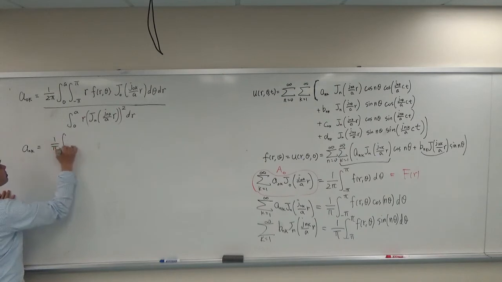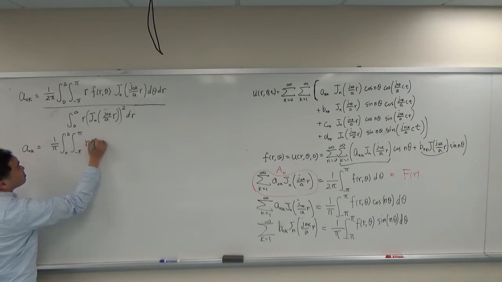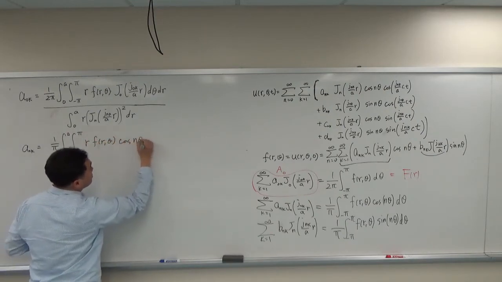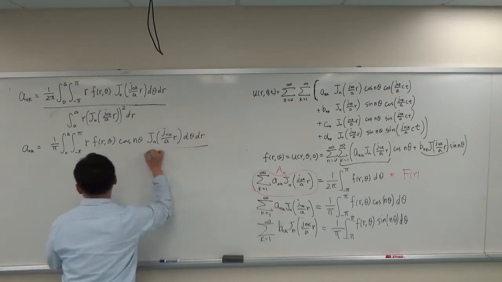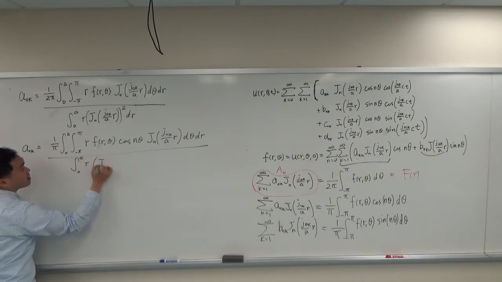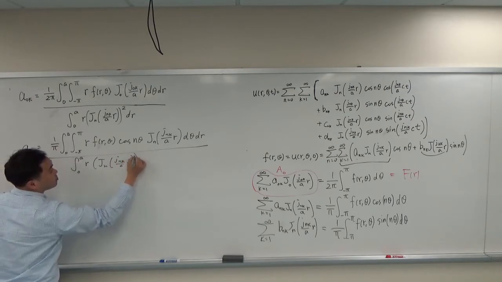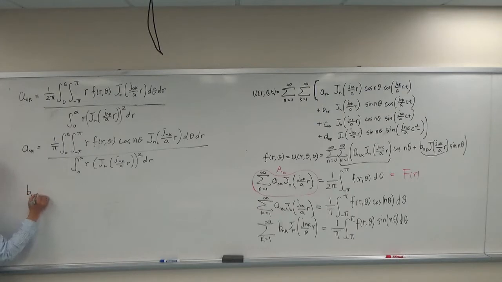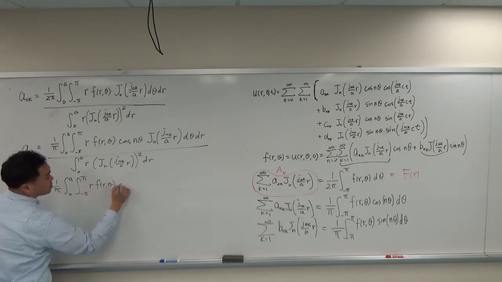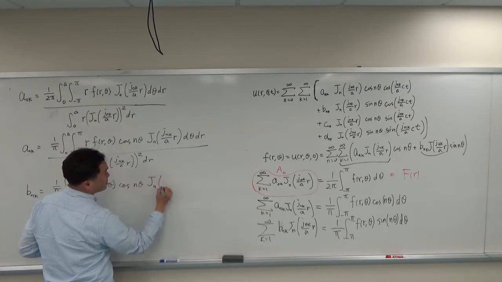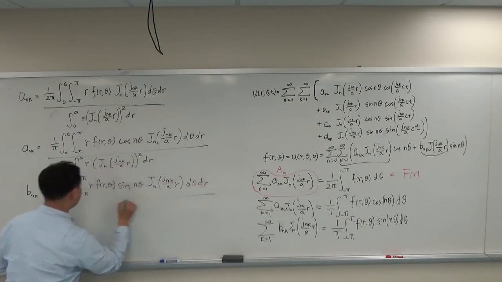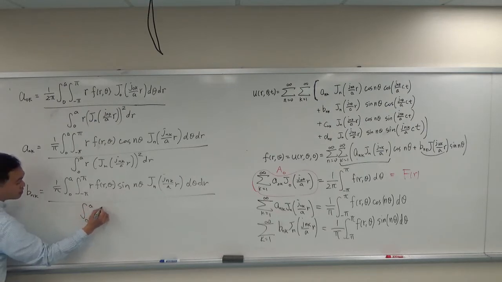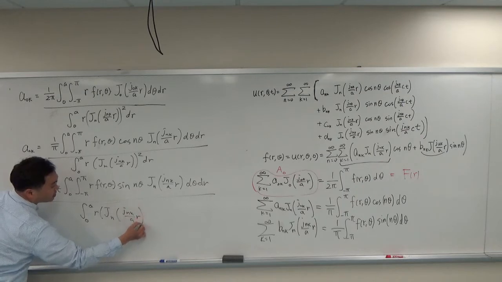So it's 1 over pi, integral from 0 to a, negative pi to pi, r times f(r, theta) times cosine n theta times J_n(k over a r) d theta dr, divided by the integral from 0 to a of r times J_n(k over a r) squared dr. And now b_nk: 1 over pi, 0 to a, negative pi to pi, r f(r, theta), oh, that's not cosine, that's sine n theta, J_n(k over a r) d theta dr, divided by the same thing, 0 to a, r, J_n(k over a r) squared dr.